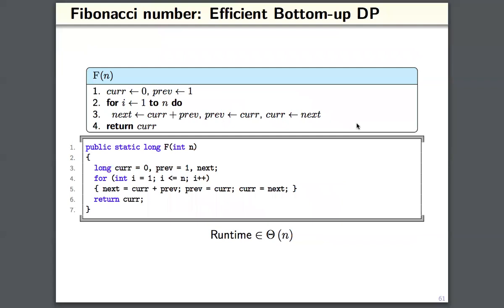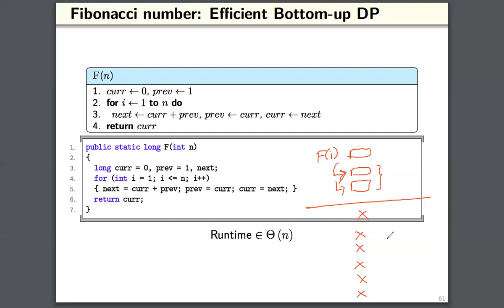So, do we really need n space? We don't. We can solve the problem in constant space. How? The idea is this. f of i depends on only the previous two values, f of i minus 1 and f of i minus 2. So once these are computed, you don't need to store any of the previous results.